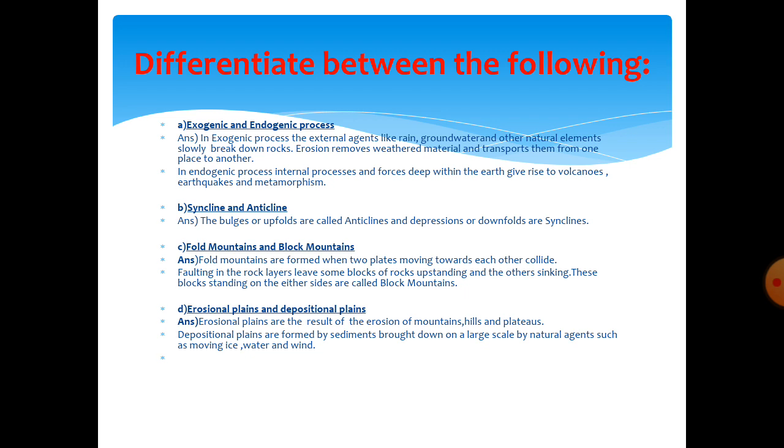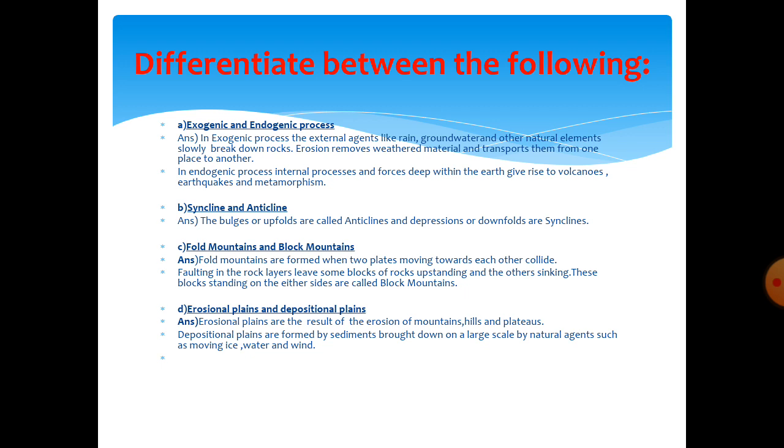Now, the erosional plains and the depositional plains. The erosional plains are the result of erosion of mountains, hills and plateaus. So, when due to external factors such as rain and heavy winds the mountains, the hills and the plateaus get eroded away, the plains then formed are known as the erosional plains.